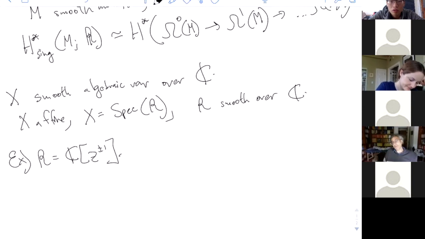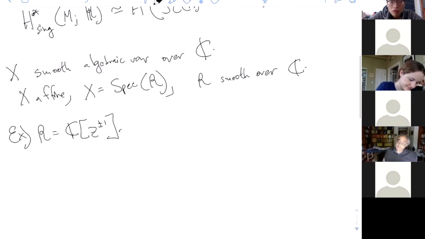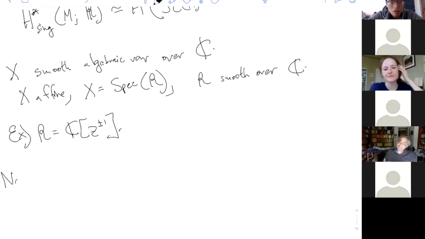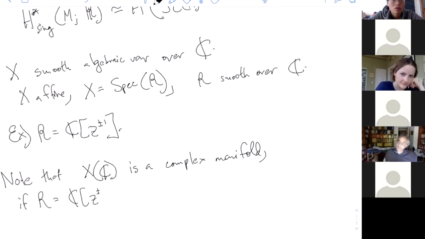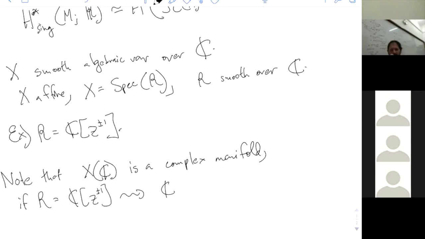If we have a smooth variety over the complex numbers, we can associate the space of complex points. So X(C), the C-valued points of X, is a complex manifold. In the example, if R is C[z, z^-1], the associated complex manifold is just C cross, so C minus the origin.